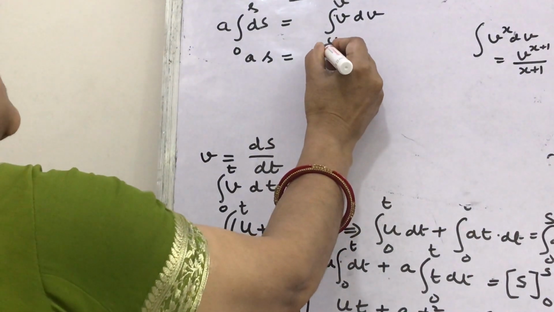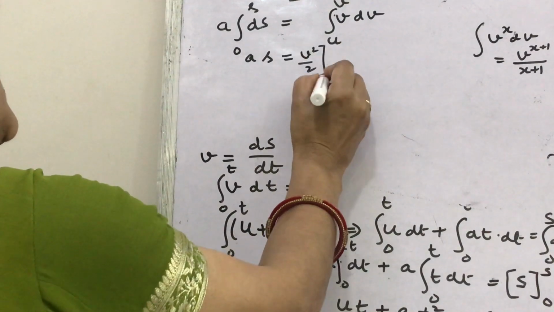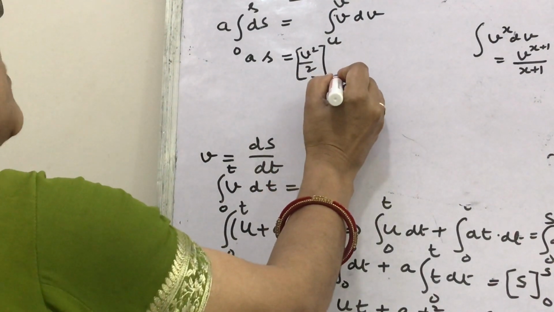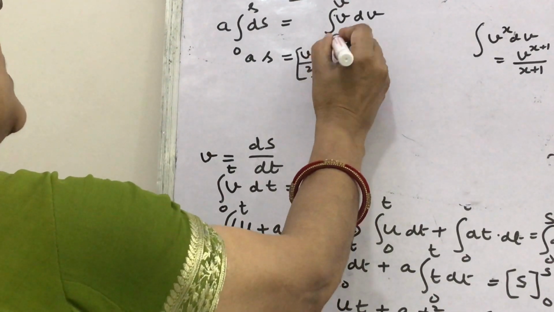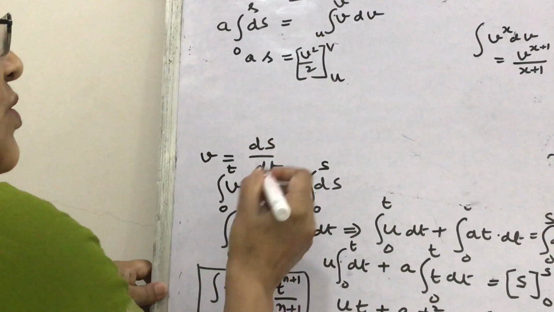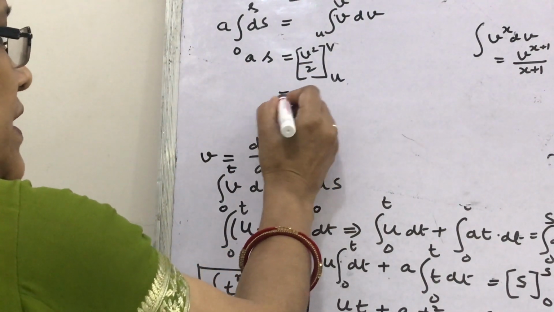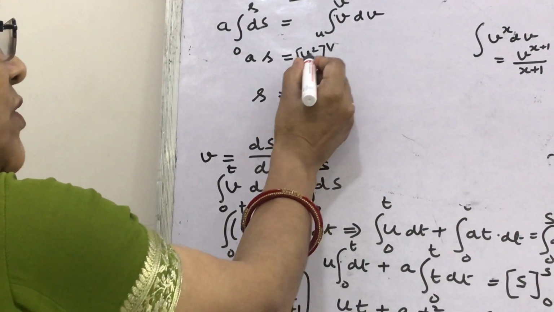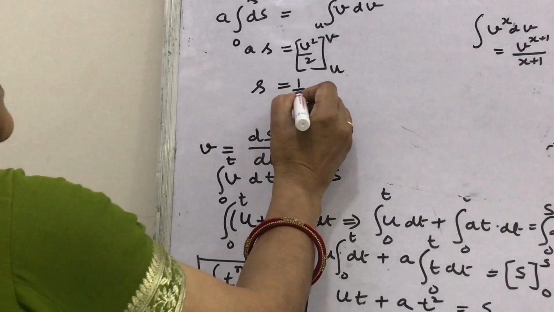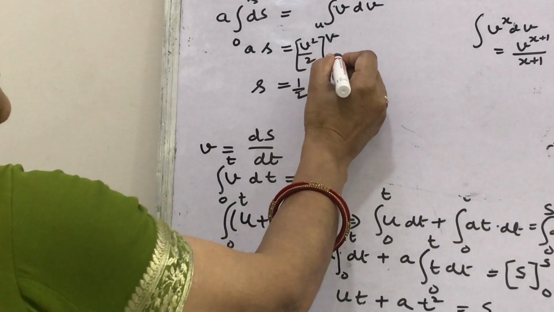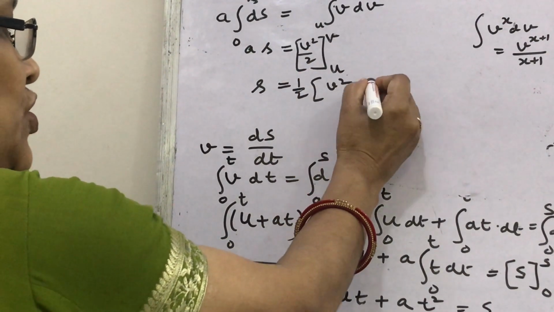So you will find here, this will be written as v square by 2, and the limits are from u to v. So in this way you can open the bracket. Now what will you write? as will be equal to, in place of v, first you will write v, then take half outside the bracket, and what will you write here? This is v square minus u square.